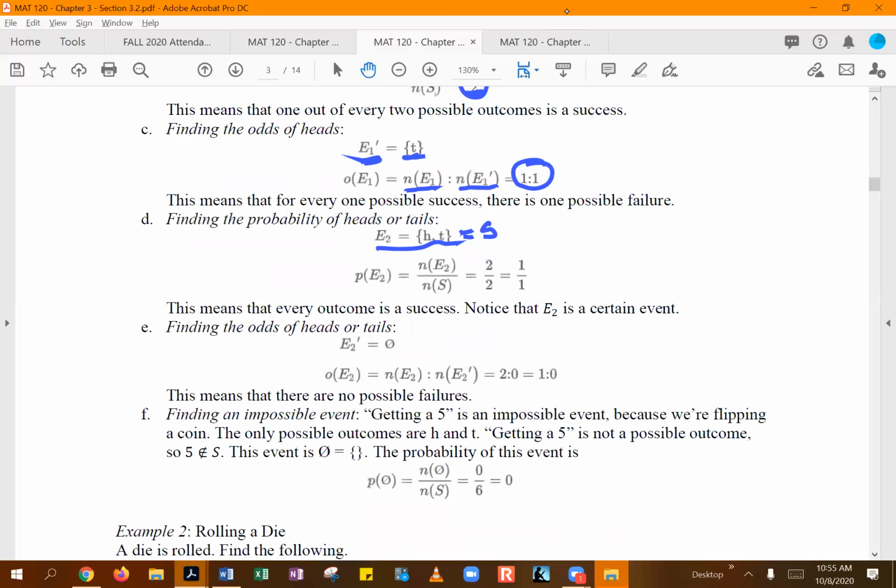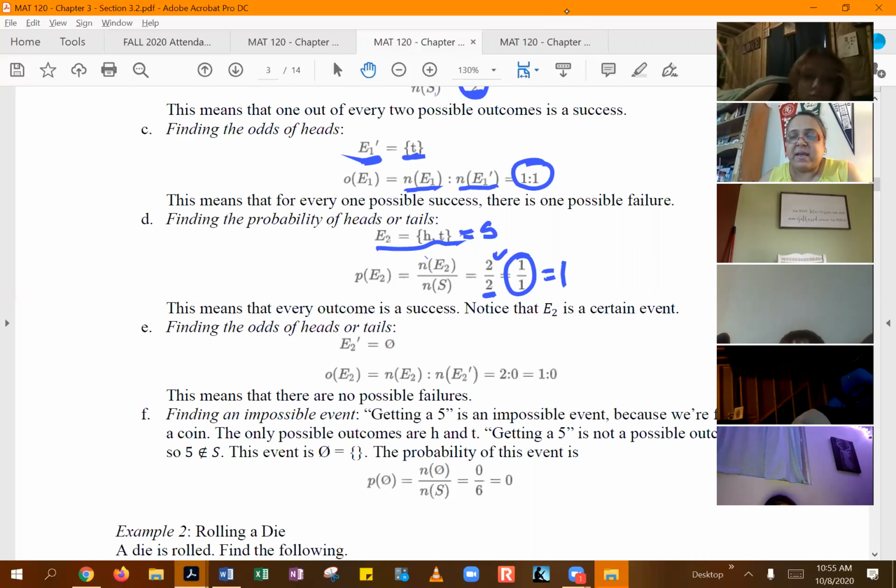And then when you're calculating the probability, since you can either land on a head or a tail, that's two outcomes in our event, two in our sample space. So this is actually a probability of just one. No matter what, you will either land on a head or a tail, so you are always going to find success in this event.